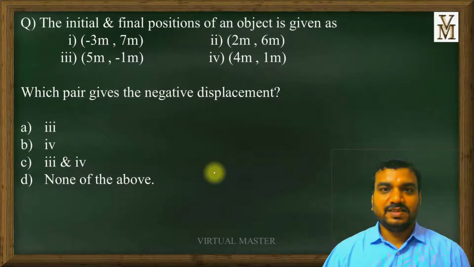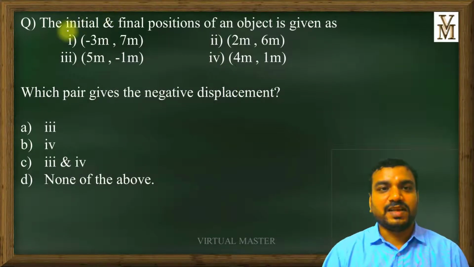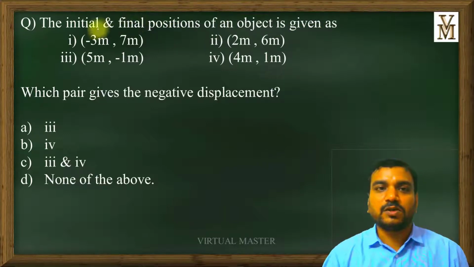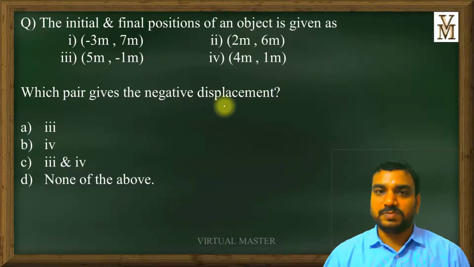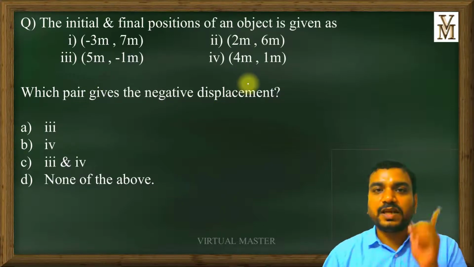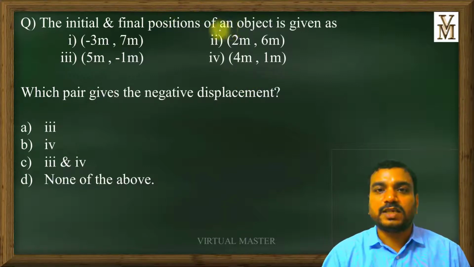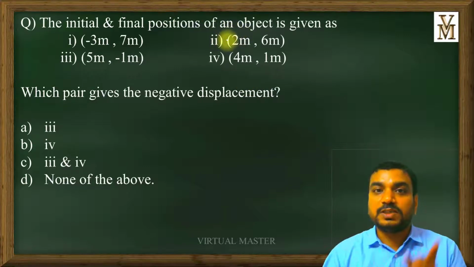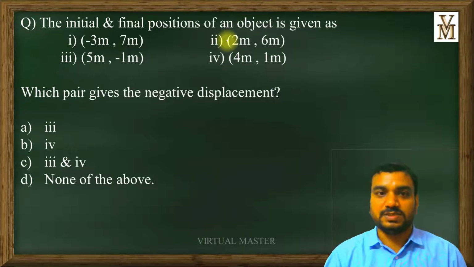The next question is: the initial and final position of an object is given. Here 4 pairs of initial and final positions of an object are given, and you have to find which pair gives the negative displacement.